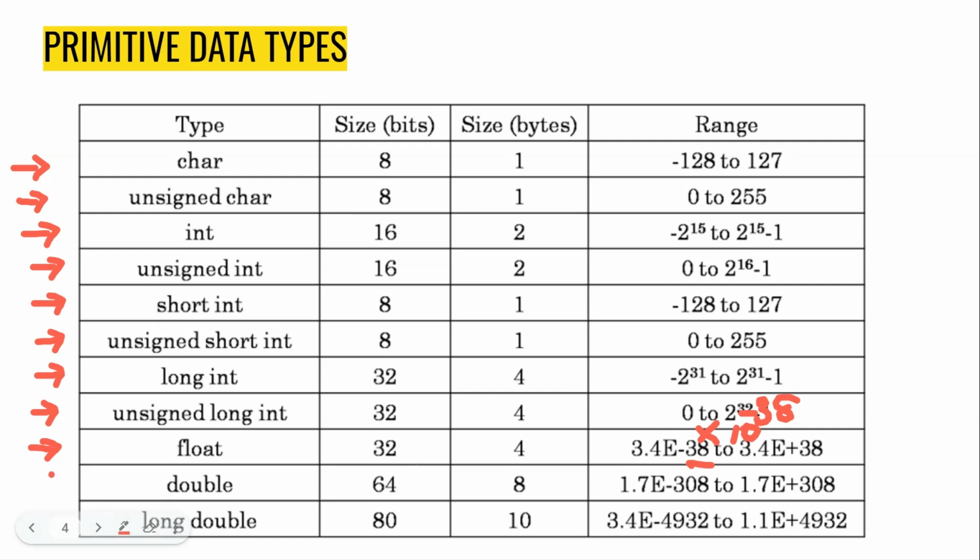It can accommodate values from 1.7 e minus 308 to 1.7 e plus 308, which means 1.7 into 10 to the power minus 308 to 1.7 into 10 to the power plus 308. Long double, again this is the longest range of values. It requires 10 bytes of memory and the range of values is from 3.4 e minus 4932 to 1.1 e plus 4932.